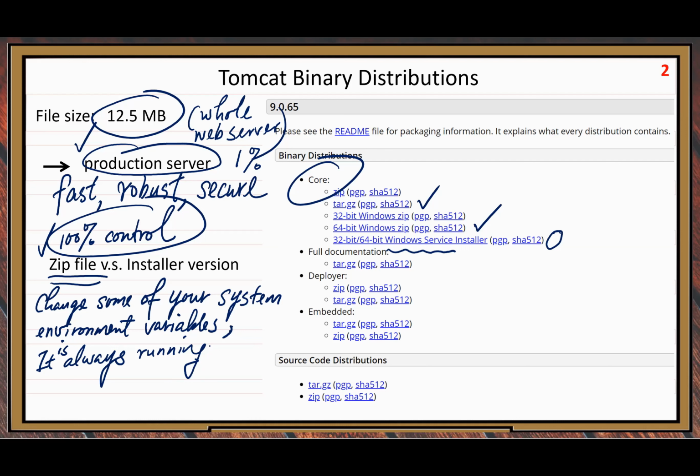Only when you develop Java web applications, you need to use Tomcat. If you do not do Java web development, you do not want to start your Tomcat, because when it is running, it consumes the resources on your machine.